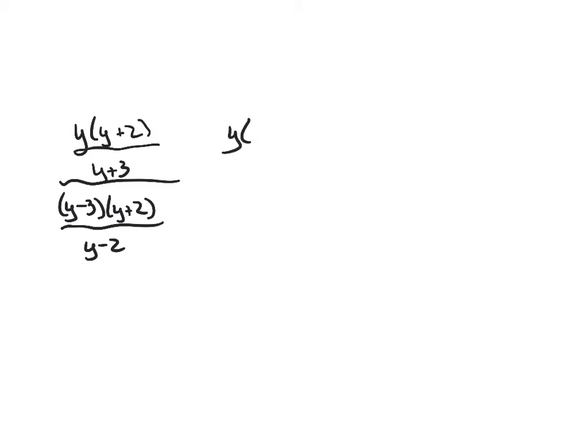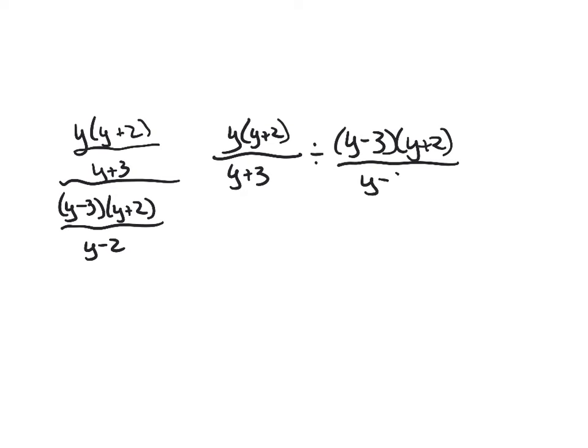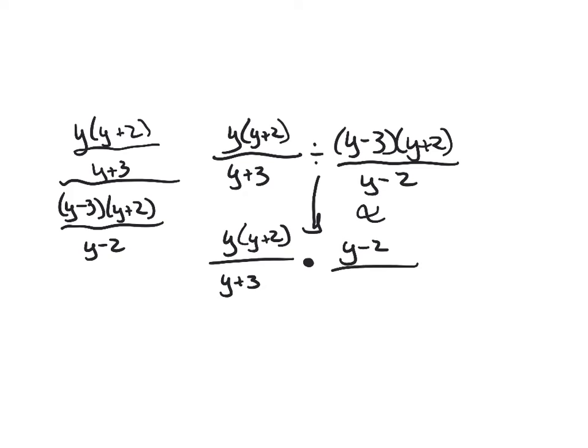So y times y plus 2 over y plus 3 divided by y minus 3 times y plus 2 over y minus 2, and then we get y times y plus 2, change, flip over y plus 3 times y minus 2 over y minus 3 y plus 2.